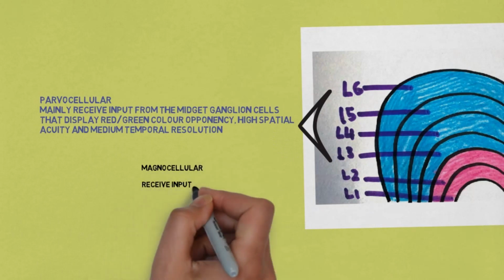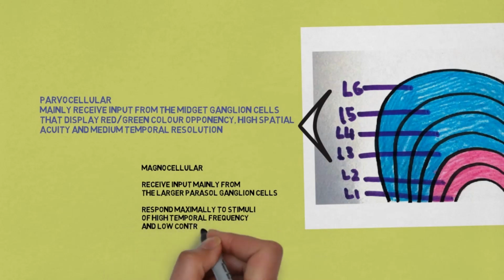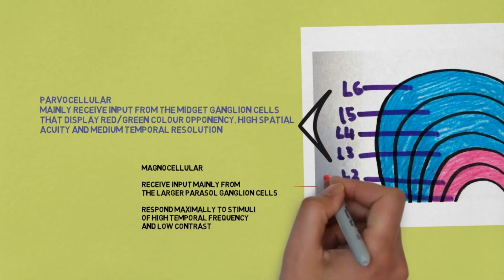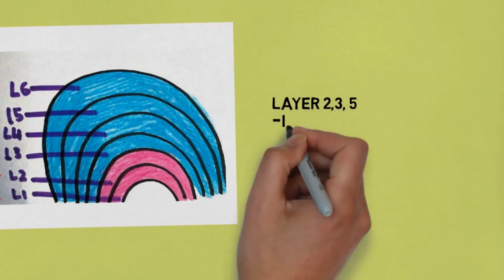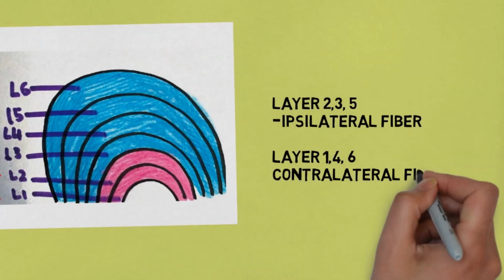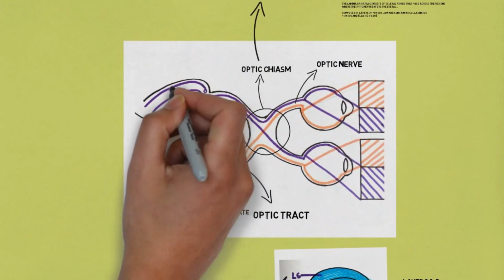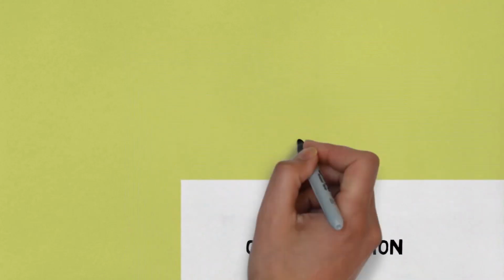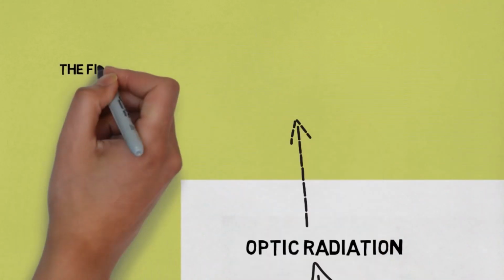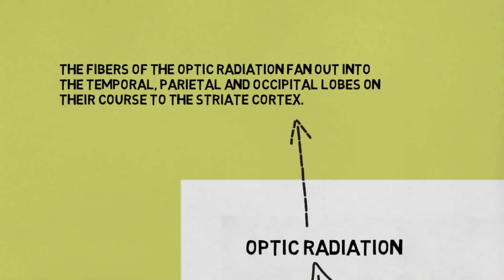The first and second layers are magnocellular layers, and the other 4 layers are parvocellular layers. The fibers of the optic radiation send out into the temporal, parietal, and occipital lobe.